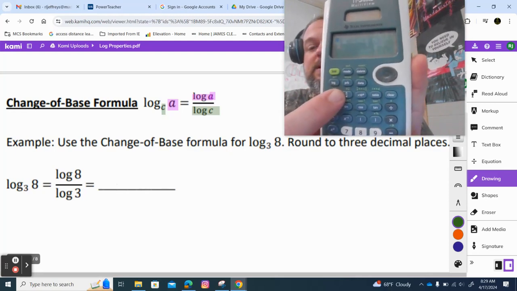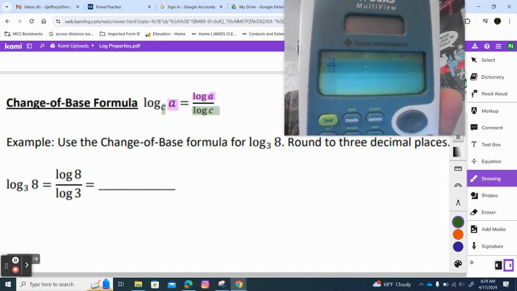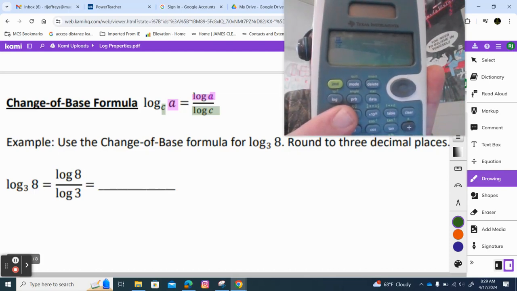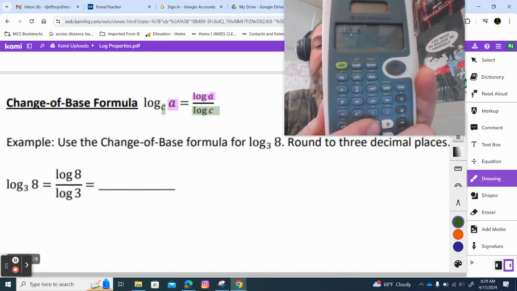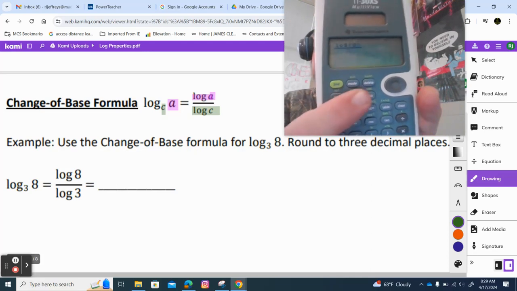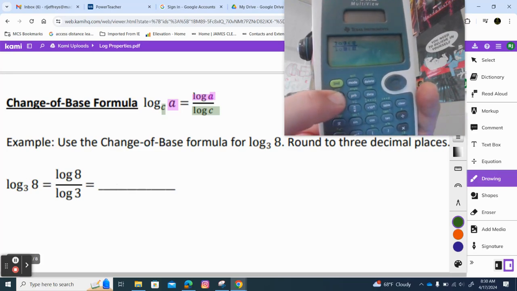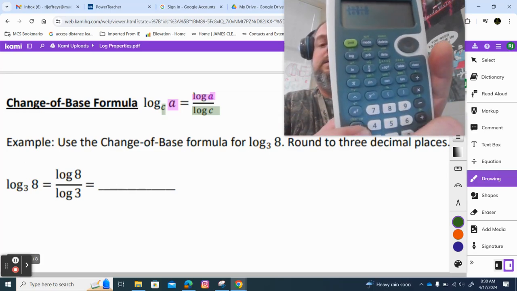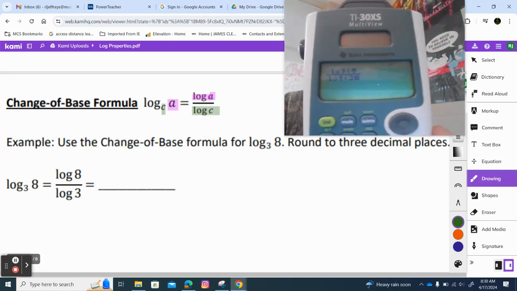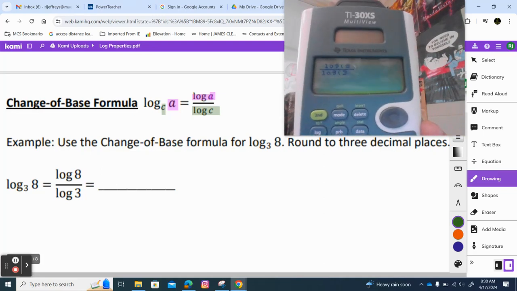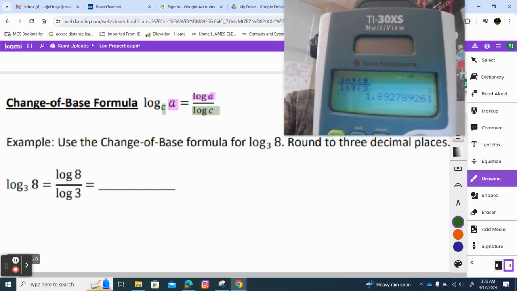All right, so you go to the N over D button till you get that little blinky N over D. Then you say log 8, and you scroll down, log 3, and you hit enter. That wasn't enter. That was it. All right. You get this number.